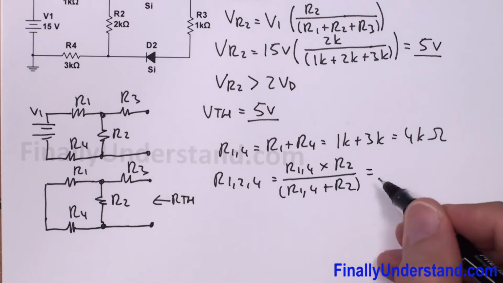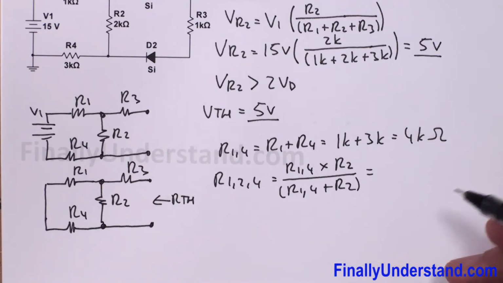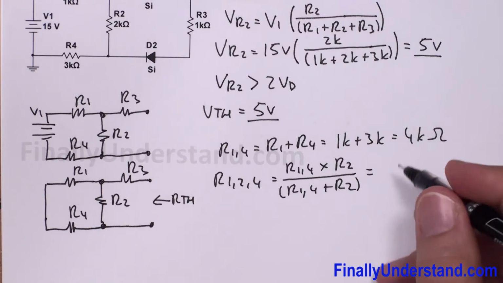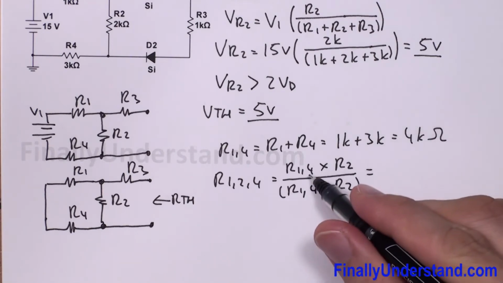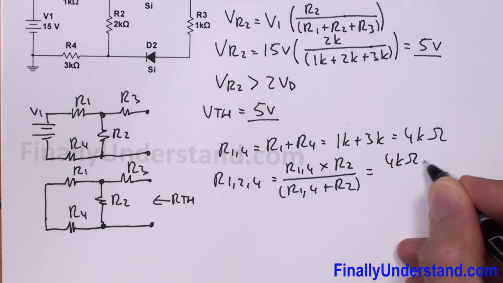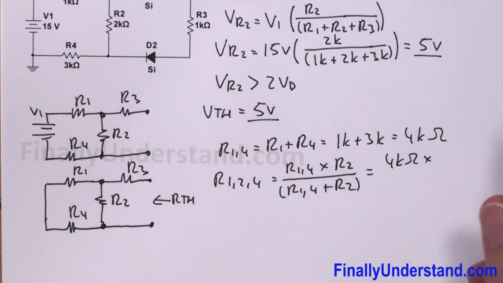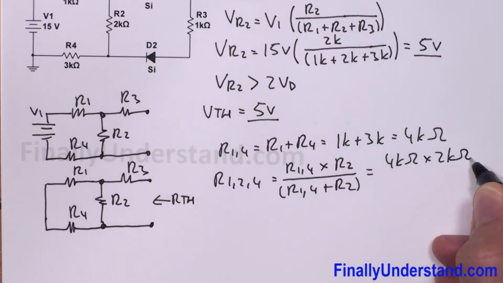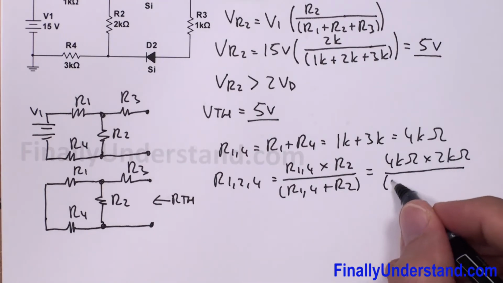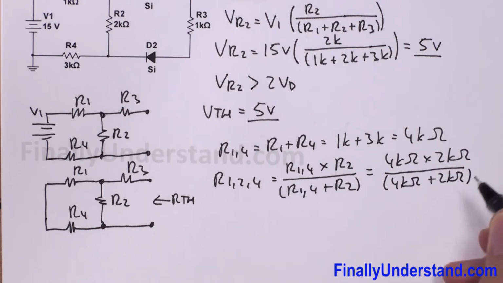If you don't understand what I'm doing, you're supposed to review the section called series parallel circuits, or combinational circuits. So we have R14 equal to 4 kilo ohms times R2, which is equal to 2 kilo ohms, over 4 kilo ohms plus 2 kilo ohms.